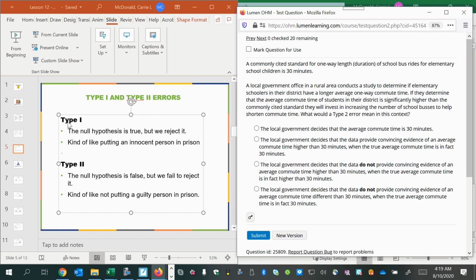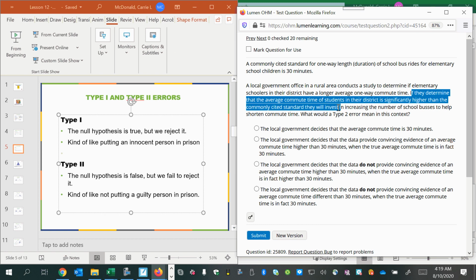Okay, so type 2 is where the null hypothesis is false, but we fail to reject it. So what would the null hypothesis be in this case? They're testing the claim to see if these students have, if they determine that the average commute time of students in their district is significantly higher. Okay, now if that's what they're testing, that would be the claim.